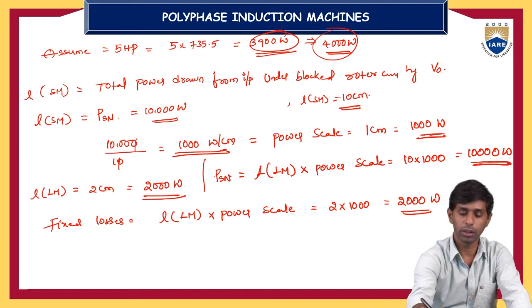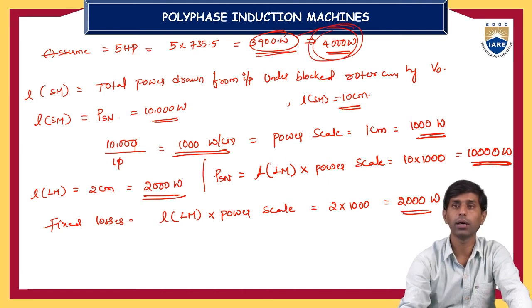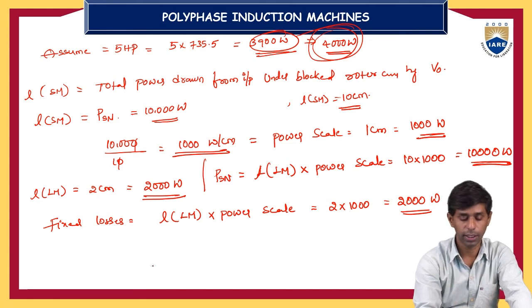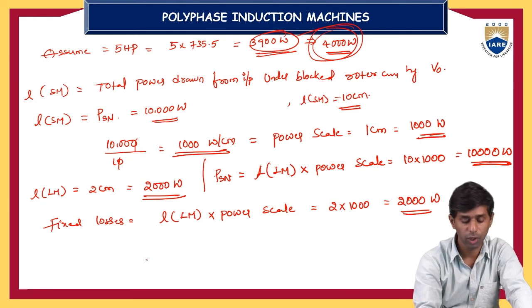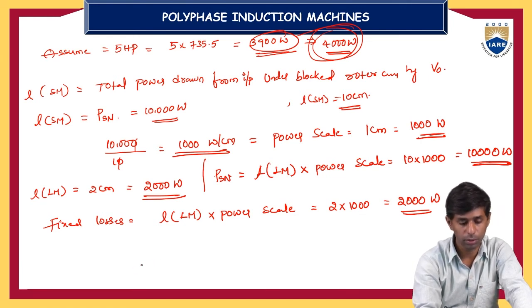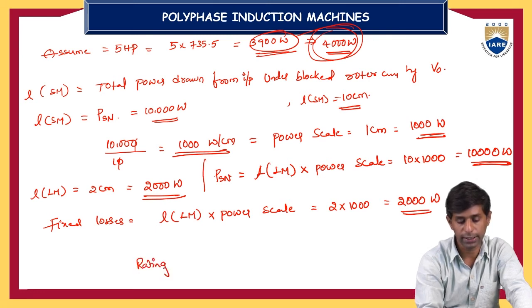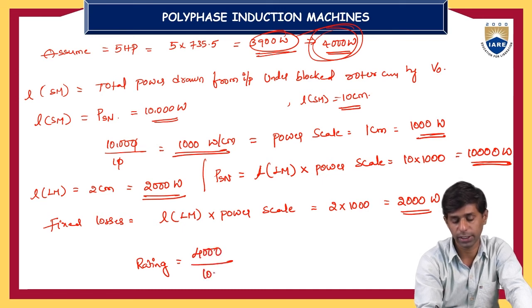Later, my assumption is the rated output power of the induction motor is 4000 watts. Then first of all convert into centimeters according to the power scale, that is the vertical axis. So the rating of the machine is 4000 watts divided by 1000 watts per centimeter.